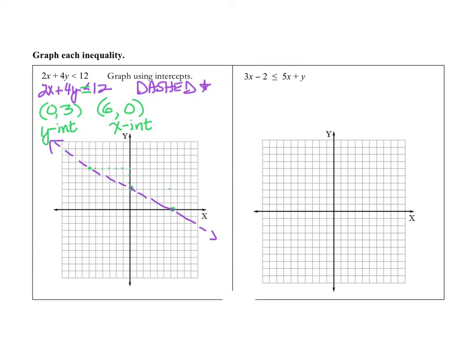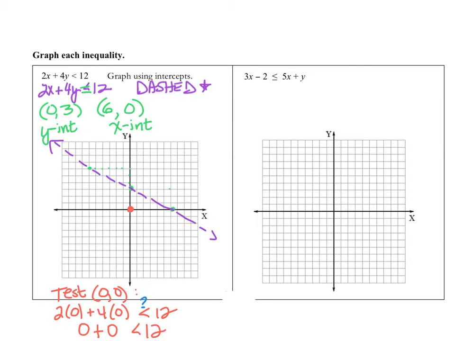Now, since the origin is not on the graph, we're going to go ahead and test the point, and we're going to use 0, 0. So when you test 0, 0, what happens? Well, 0 going in for x and 0 going in for y, is 0 plus 0 less than 12?